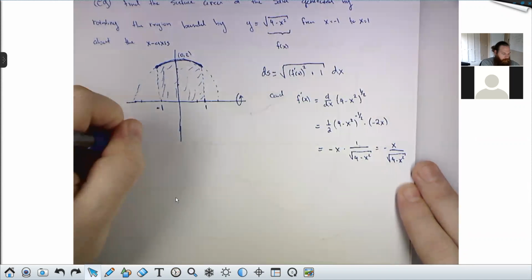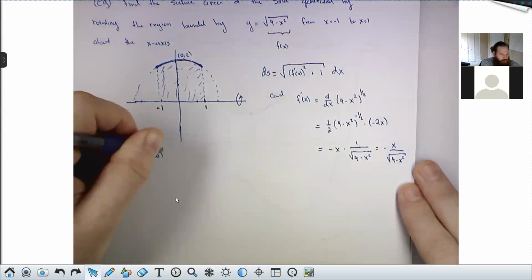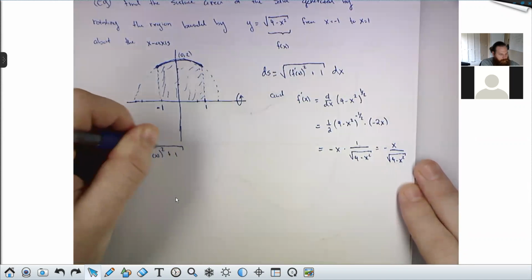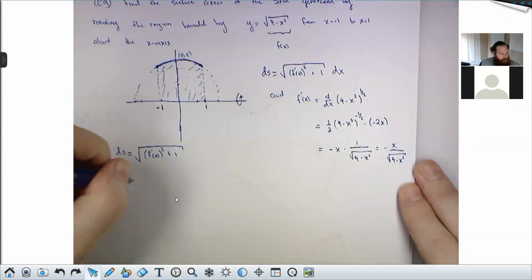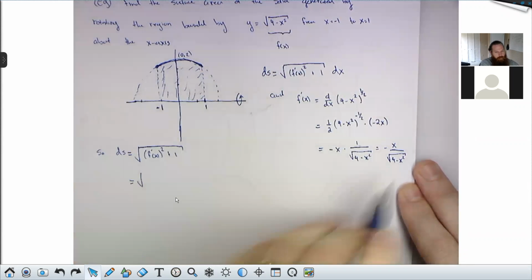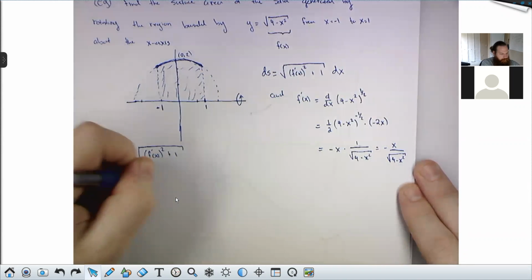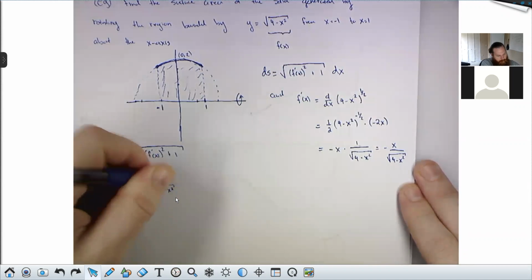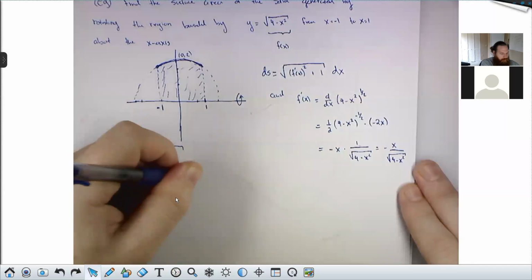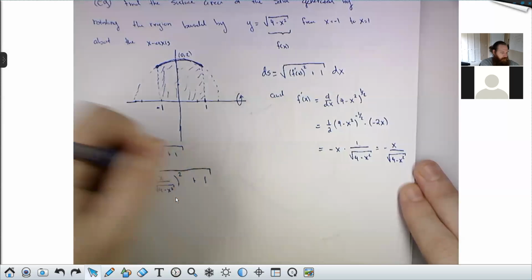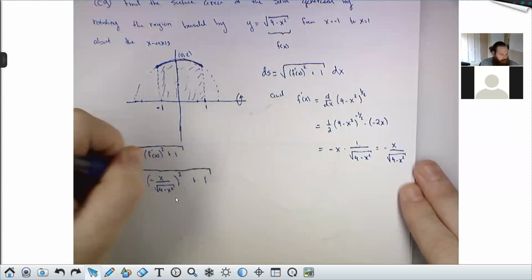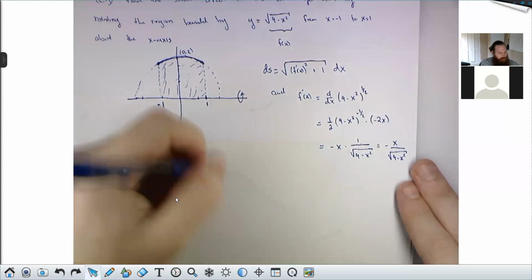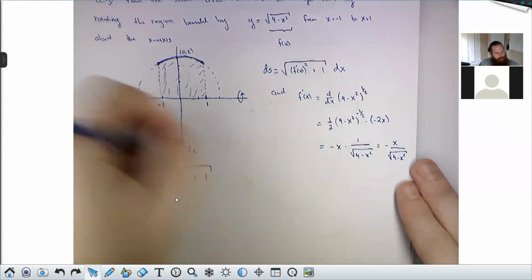So I'll have the square root of f prime of x squared plus 1, which is the square root of this squared plus 1, times dx, sorry, times dx.